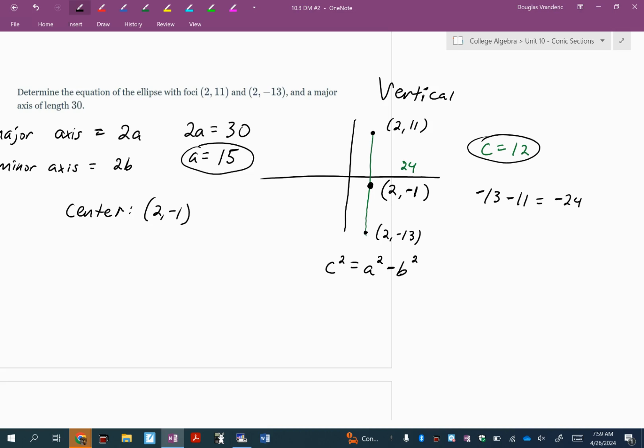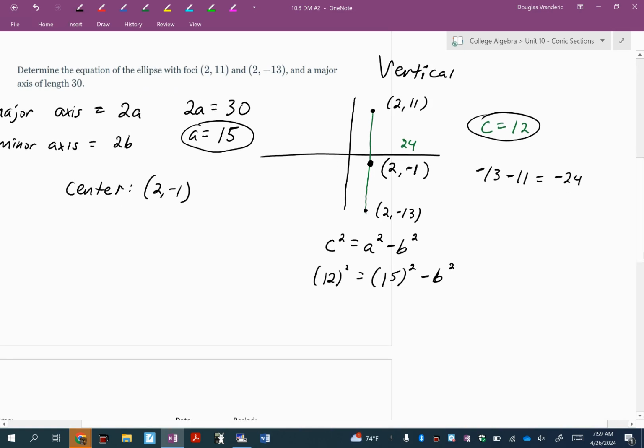Okay? So I'm going to plug in 12 squared equals 15 squared minus B squared. See where I got all those? Okay? So 12 squared is 144. Does anyone know 15 squared? No, close. Too high. 225. Nice, Manny.